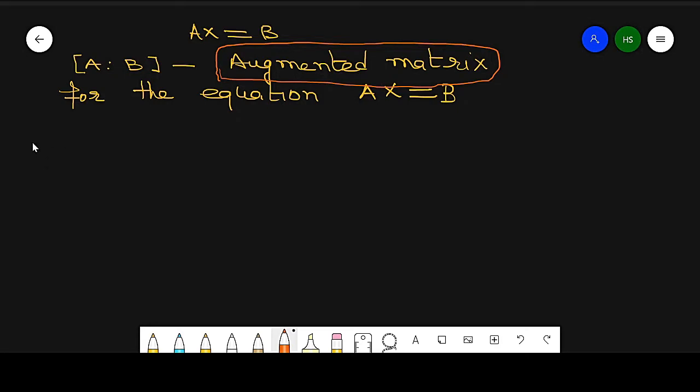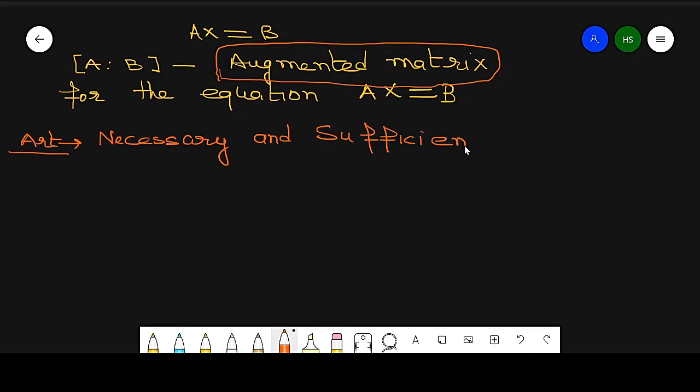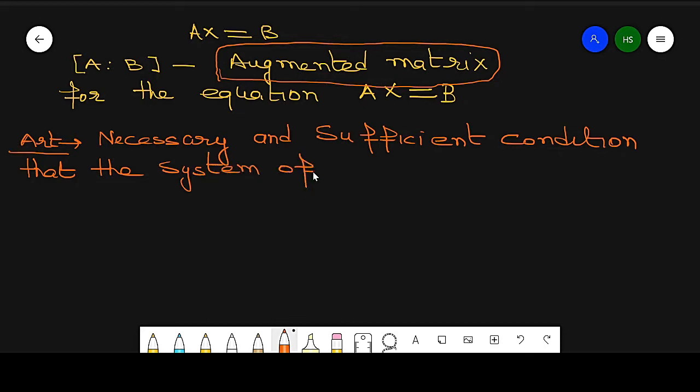Now next is a very important theorem. What is the necessary and sufficient condition that the system of equations AX equal to B is consistent?